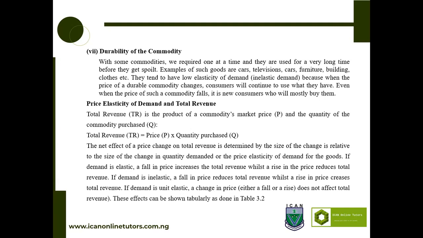The number of units purchased multiplied by the price of each unit will be given as total revenue. The net effect of a price change on total revenue is determined by the size of the change in price relative to the size of the change in the quantity demanded.